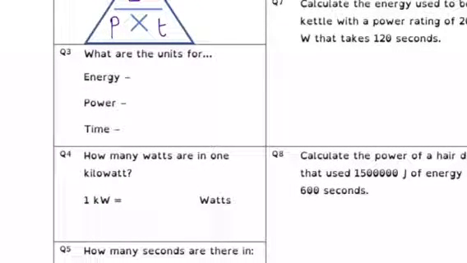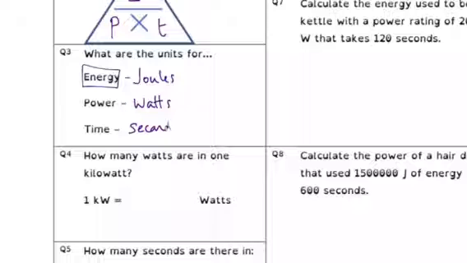The units, well, energy is always measured in joules. Sometimes you might have work done instead of energy, but both of them are the same and measured in joules. Watt is the unit of power, so watts, and time is always measured in its base unit of seconds.